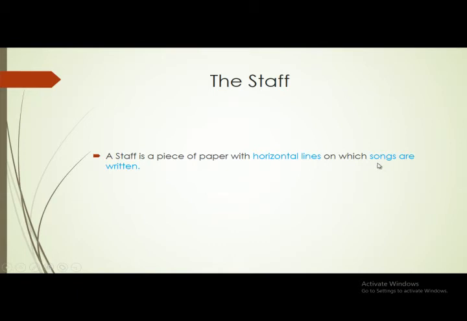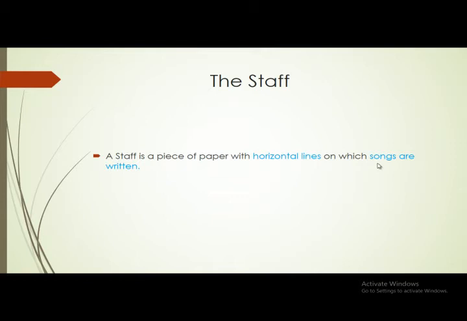So that's what a staff is. Songs or music are written on a paper using those symbols which we learned about, the crotchet, the semibreve, the quavers, the minims, all those musical notes.